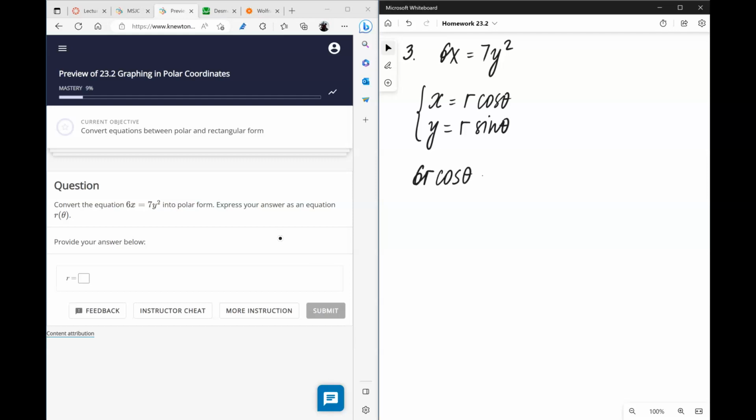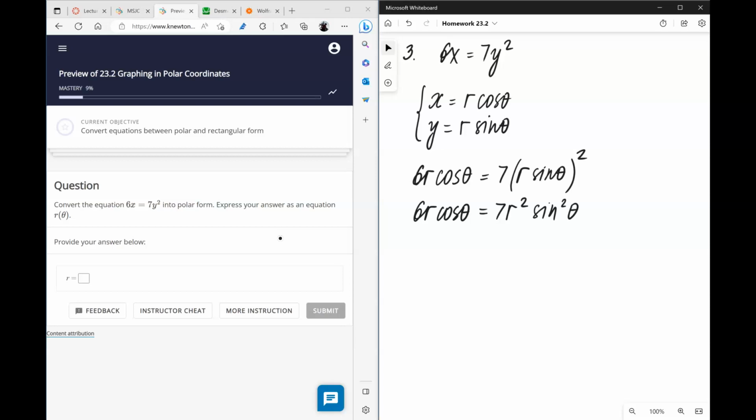So I have 6r cosine theta is equal to 7y squared. Should be r sine theta squared. So we have 6r cosine theta is equal to 7r squared sine squared theta.